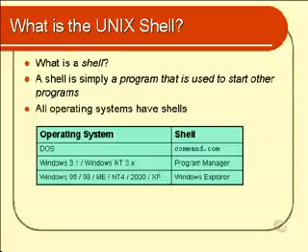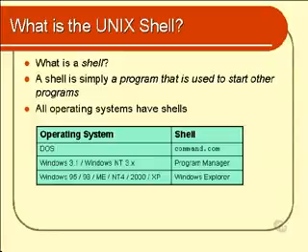Now, as you can see, both Program Manager and command.com are simply programs that are used to start other programs. They both go about it in completely different ways. With command.com, you have to type in the name of the program that you want and then press enter. With Program Manager, you're presented with a series of icons which you then double click on to start the program that you want.